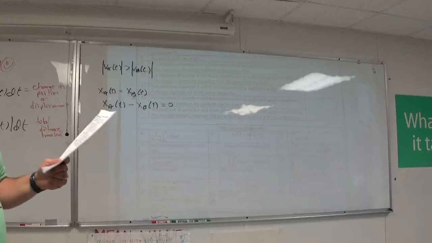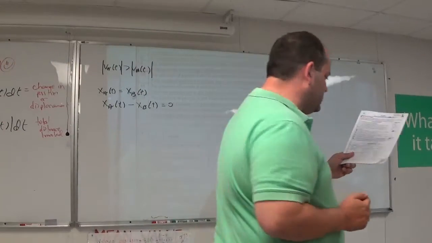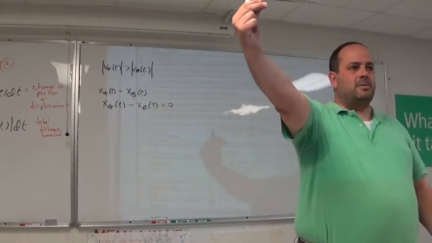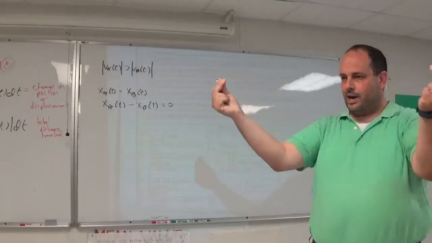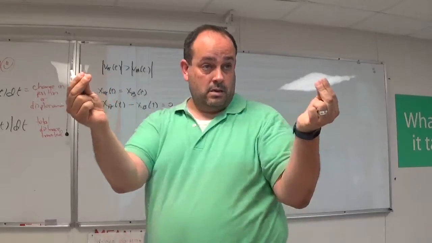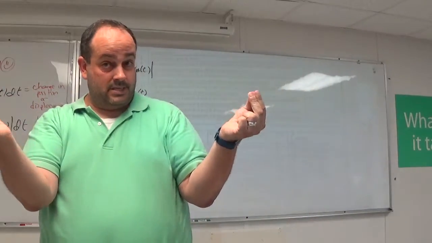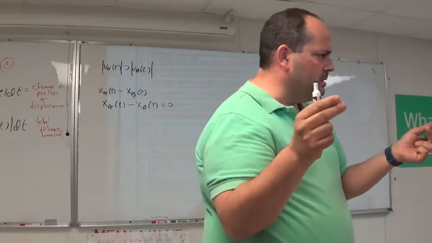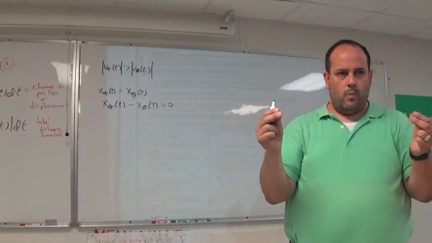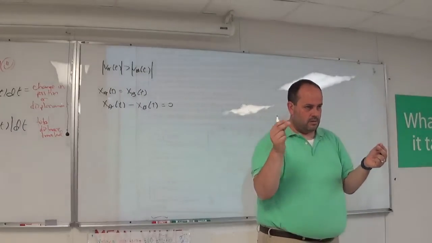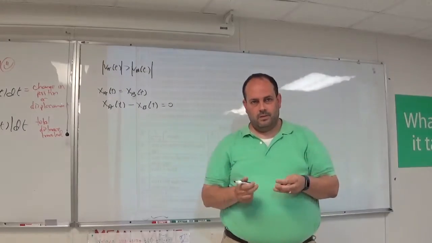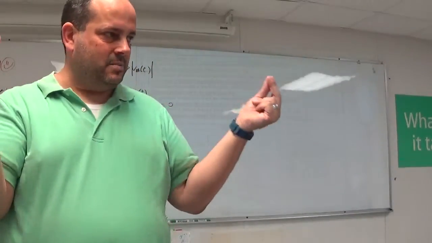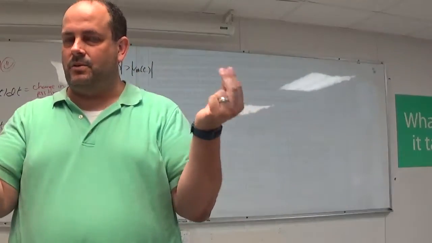12, the positions of particle A and B are determined by x sub A of t and x sub B of t respectively. The distance between the particles. Here's a particle. Here's a particle. How do I find distance? We're subtracting the 2, right? Why the absolute value bars? Why do you have to have the absolute value bars on x sub A of t minus x sub B of t?